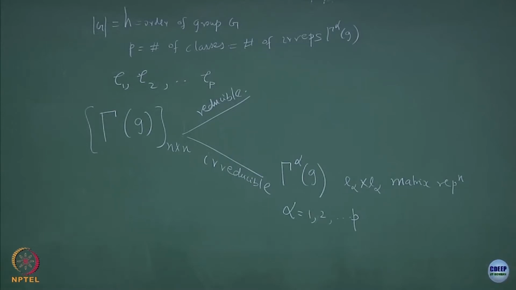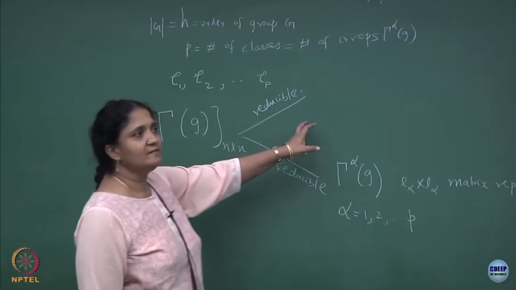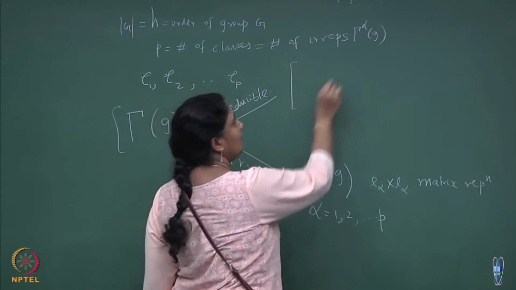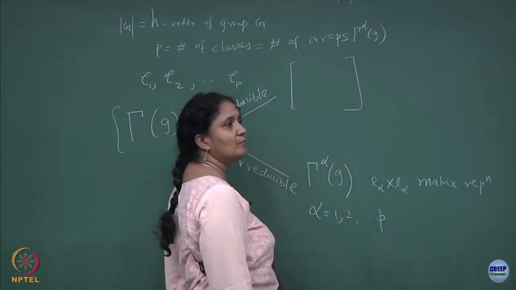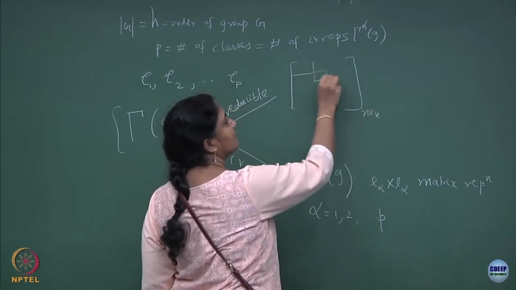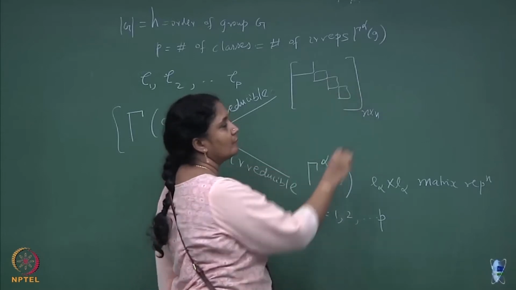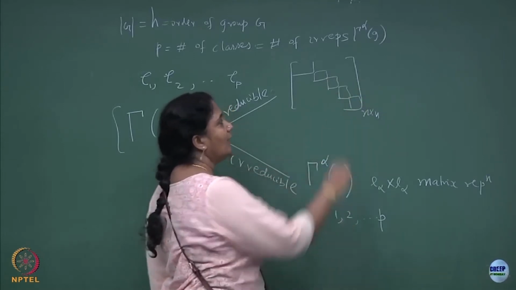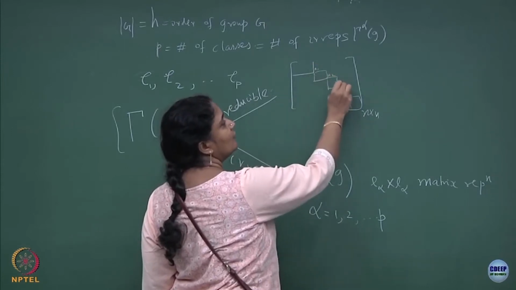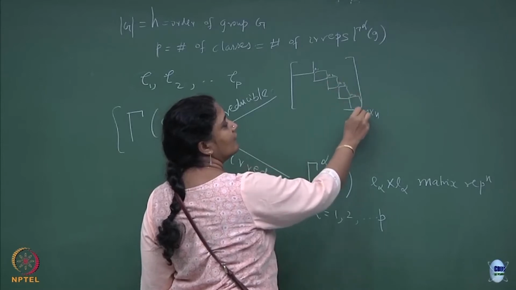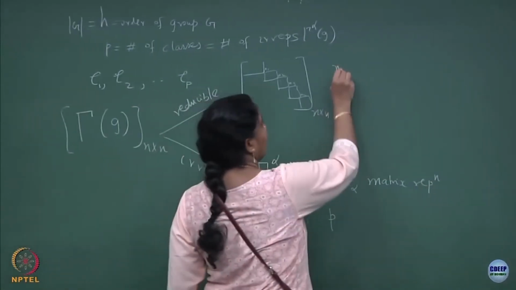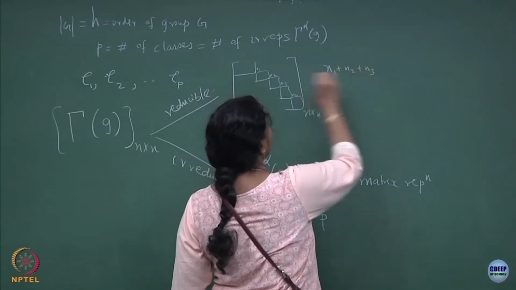Reducible means I can find an S and bring it to a block diagonal form. So, this n cross n can be broken up into pieces. Suppose this is n1 cross n1, this is n2, this is n3, this is n4 and so on. The requirement is that n1 plus n2 plus n3 and so on adds up to n, and others are all 0.